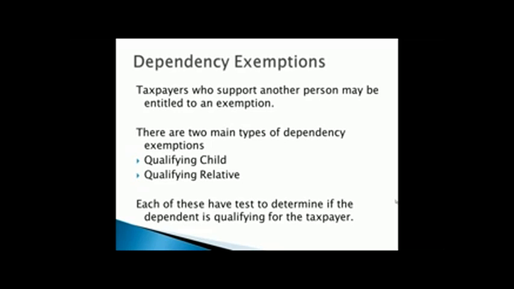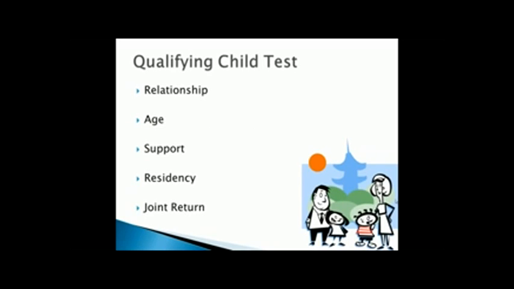Dependency exemption. If you support somebody, you get to claim their exemption. There are two main types of dependency exemptions: qualifying child and qualifying relative. Qualifying child test. They have to be related to you. They have to be your children or grandchildren, your brother, sister, niece, or nephew.